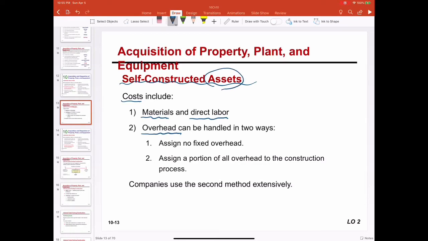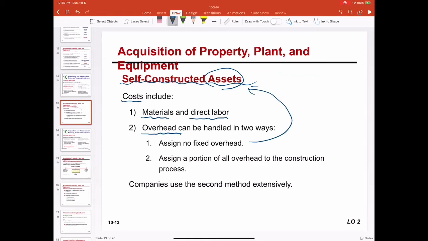It probably is a firm-wide expenditure, or the expenditure is actually incurred by the whole firm rather than just this specific project. So how to assign the overhead cost to these specific self-constructed assets is the problem.